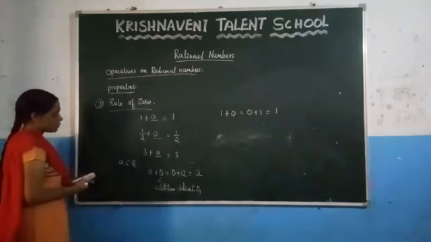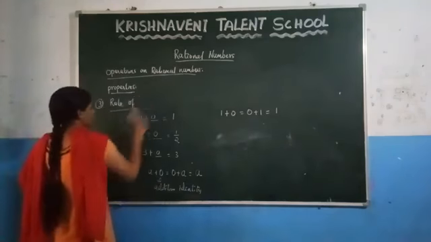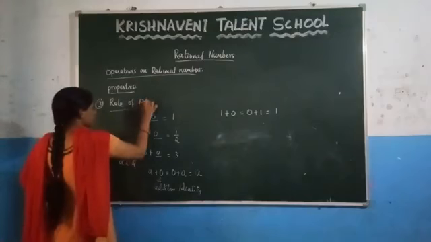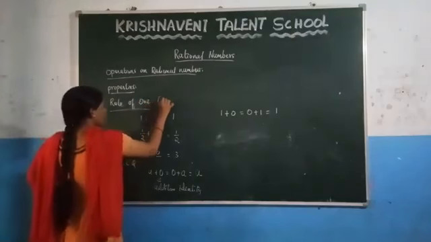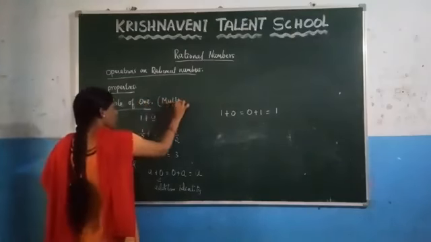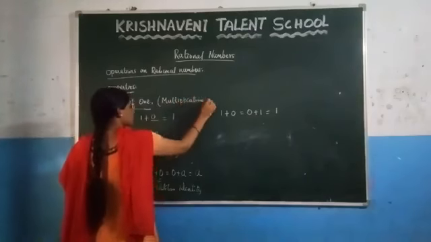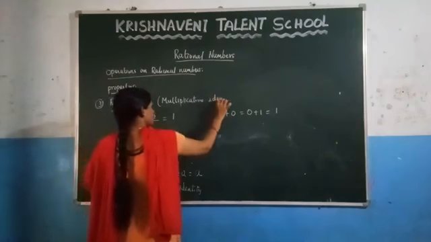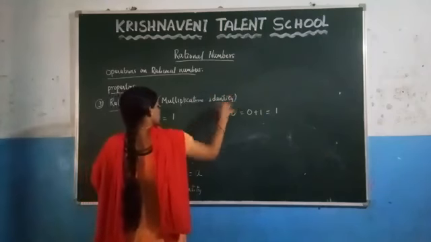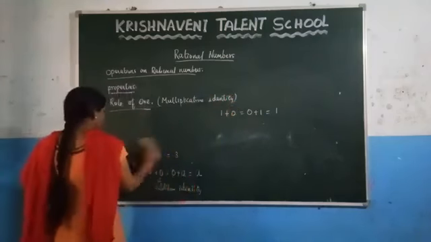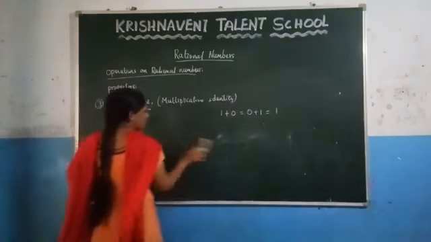And after that, the role of 1. This role of 1 we can call a multiplicative identity. What does this state, let us see.